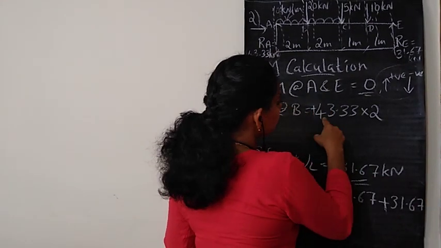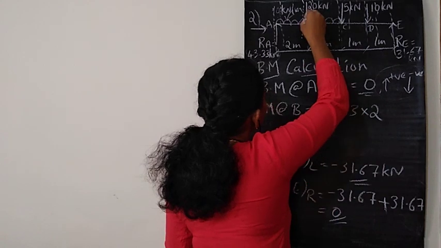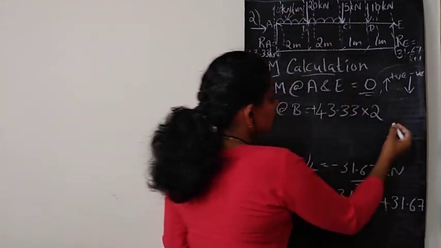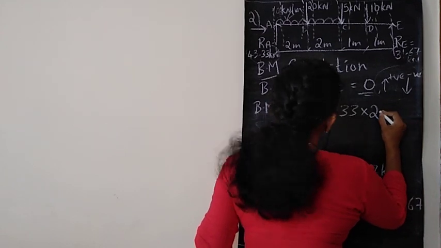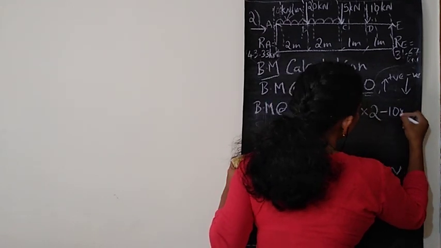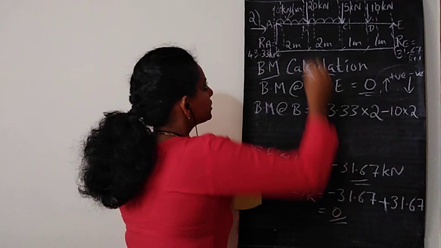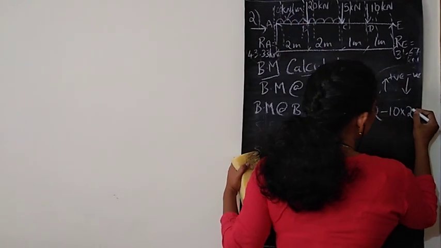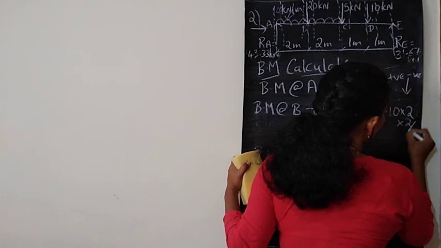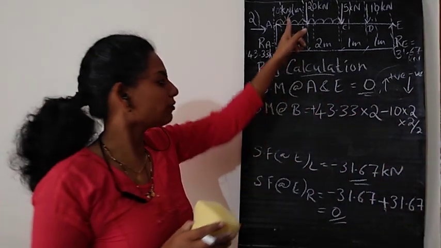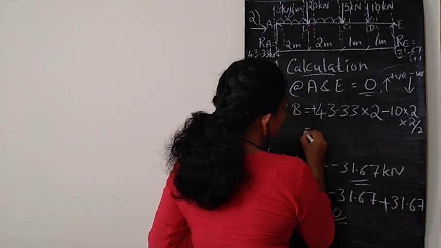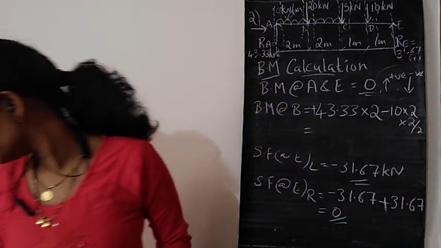So plus 43.33 into 2, then you have to consider up to this point the UDL, that is minus 10 into 2, that is your force, and the distance will be 2 by 2. Remember, half of the distance. So what is the value?